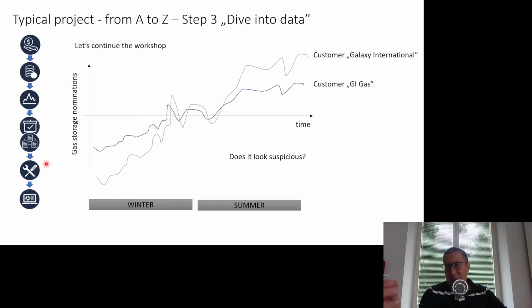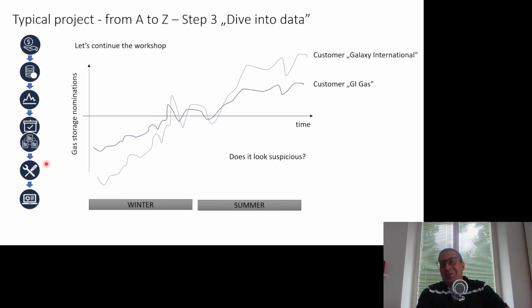They behave in a very similar way, and we have to discuss with the customers, with the gas storage owner. Is it suspicious? Why do we have two customers that behave in a very similar way? One is, let's say, Galaxy International, another one is GA Gas.